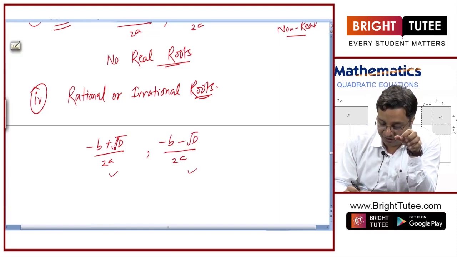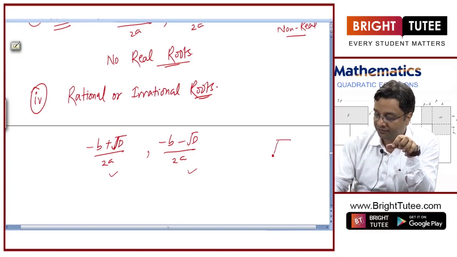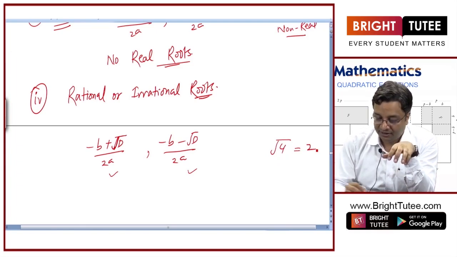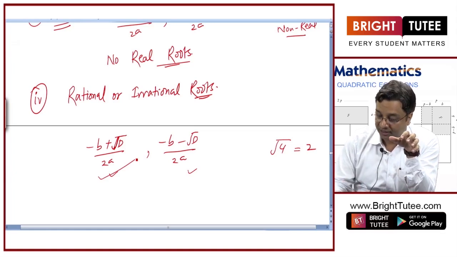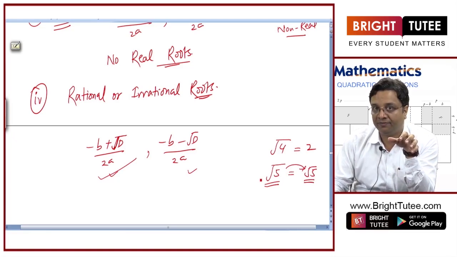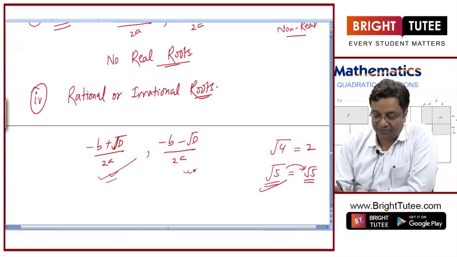If there is a perfect square inside this radical sign, let us say there is a 4 inside it, it will give us 2, then this entire term will become rational. If let us say there is 5 inside, this cannot be solved, it will remain irrational. You cannot bring anything outside, there will always be root 5 in this expression, so it will make it irrational.